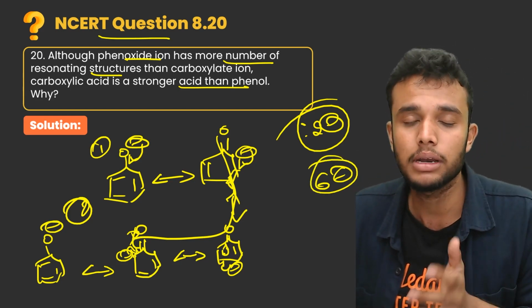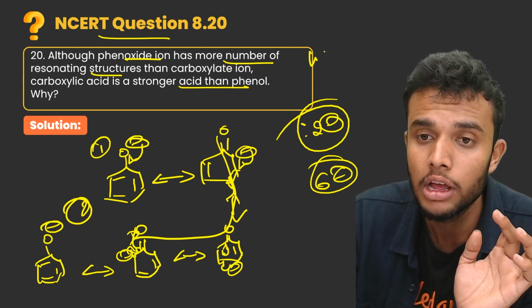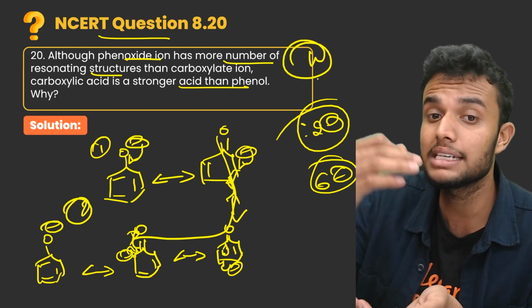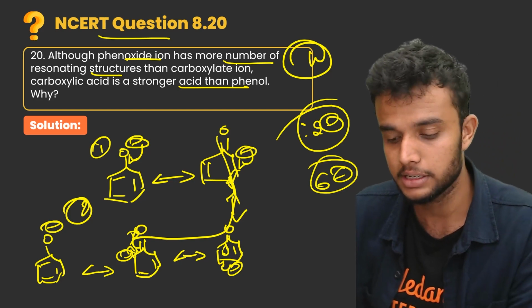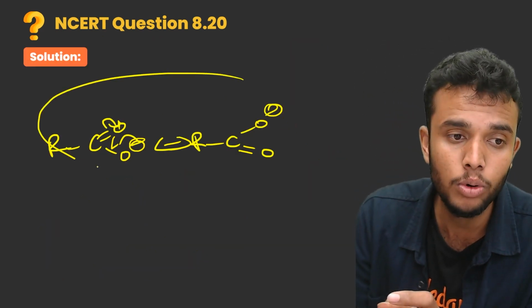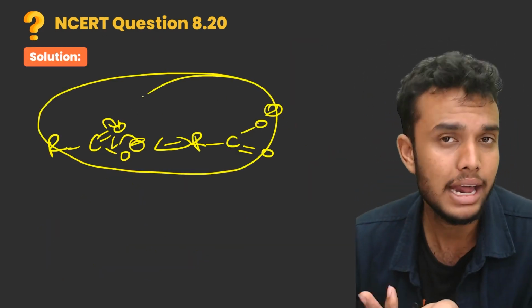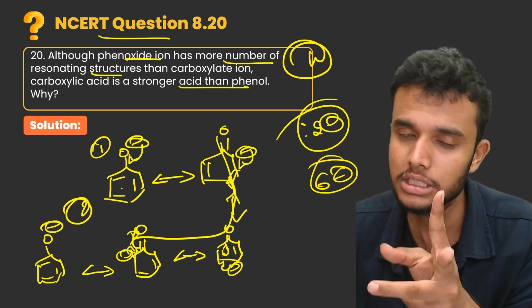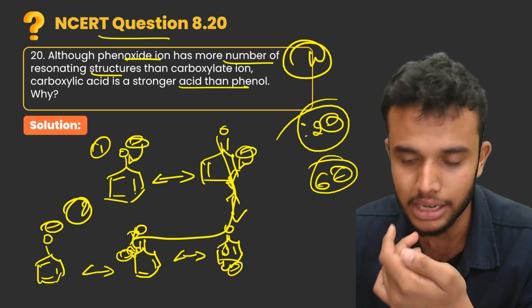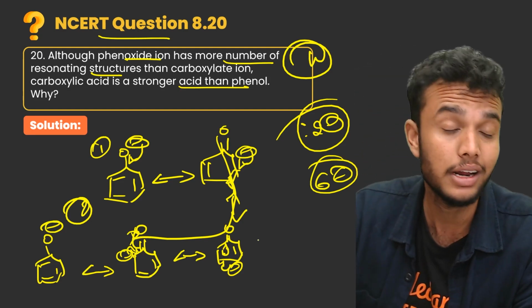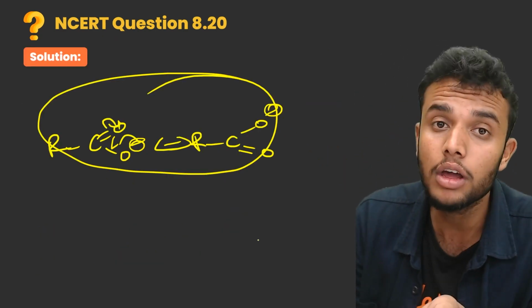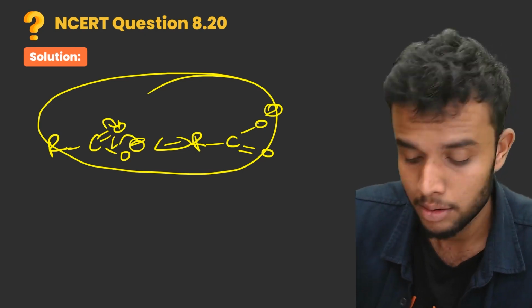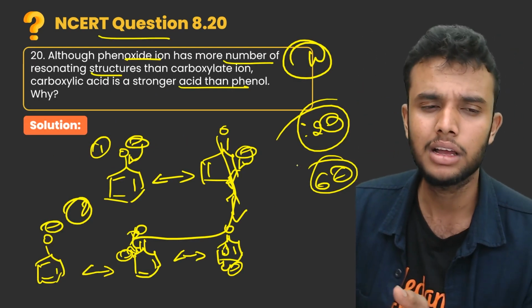It's not possible compared to carbon with 4. That's why carboxylic acid is a stronger acid than phenol. Because in this compound, in both oxygen atoms carry the negative charge, but here only 2 resonating structures carry the negative charge in oxygen. That's why these 3 resonating structures are eliminated. That's why compared to phenol, carboxylic acid is a strong acid.